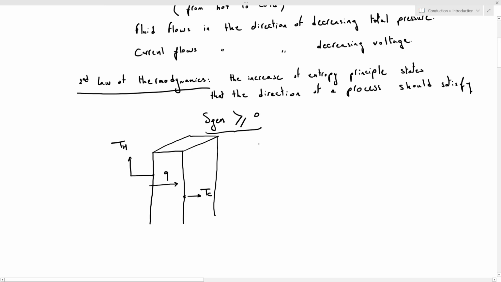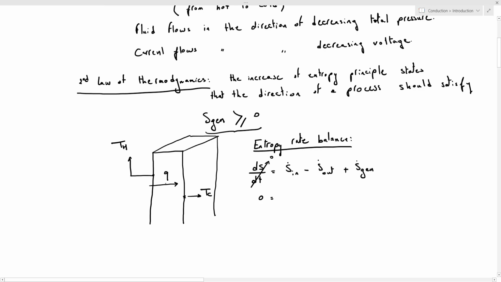Let's apply an entropy rate balance to this wall. You know that the entropy rate balance, dS over dt, is the rate of entropy transfer into the system minus the rate of entropy transfer out of the system plus S dot generated. Now at steady state, there is no change of entropy with respect to time, so this is equal to 0. Our system is the wall.